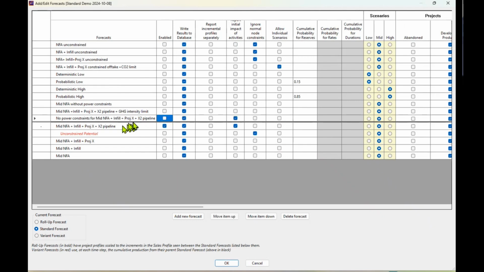We'll start with a forecast where we just generate it, and then we'll move on and demonstrate the effects of putting on a constraint on the greenhouse gas intensity.